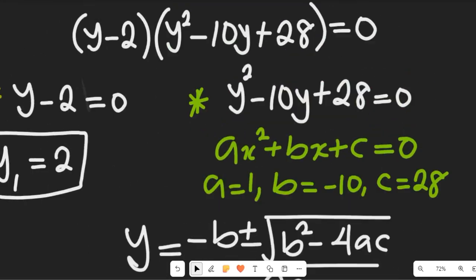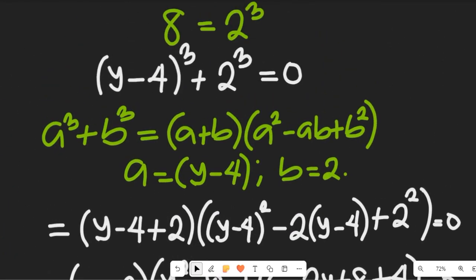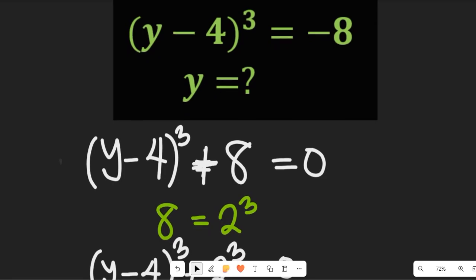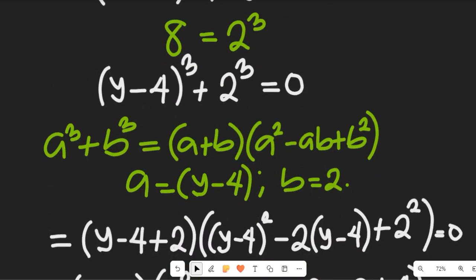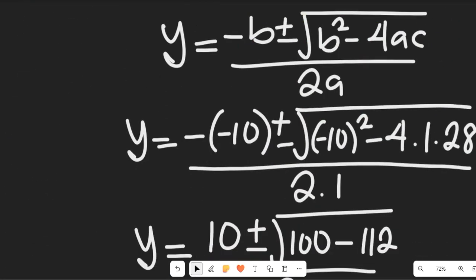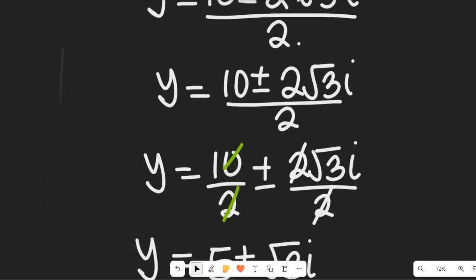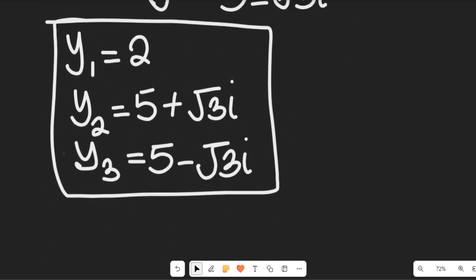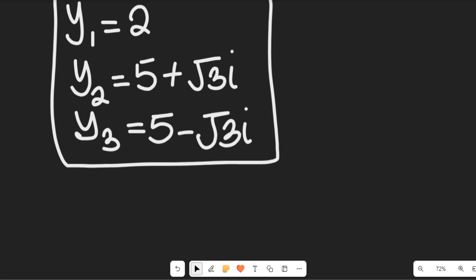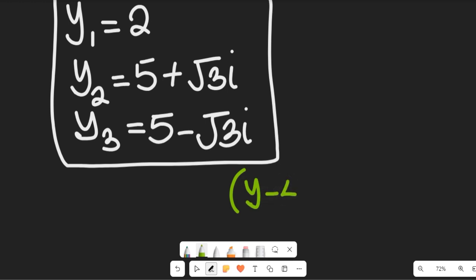Now what we're going to do is test and check if our solution is absolutely correct. We are given y minus 4 to the power of 3 equal to negative 8. So if we insert the only real solution, which is y equal to 2, into that expression, y minus 4 to the power of 3, is it going to give us negative 8?